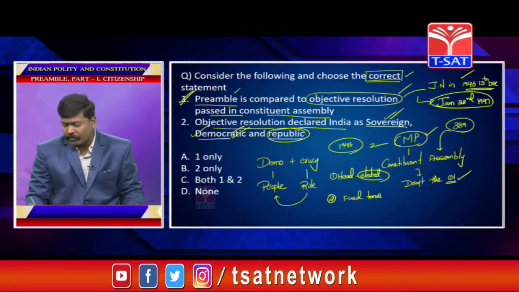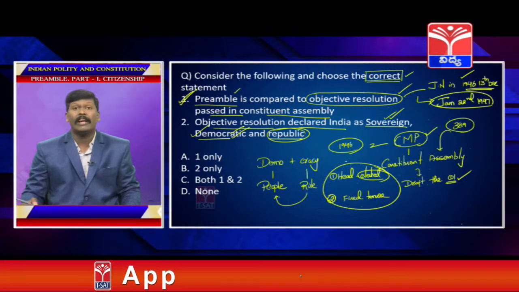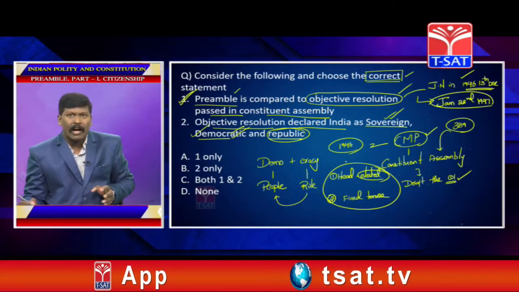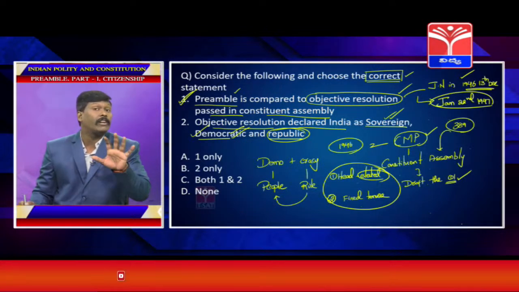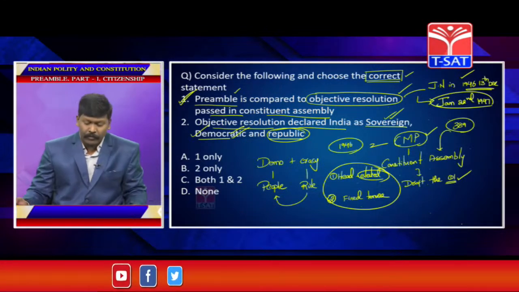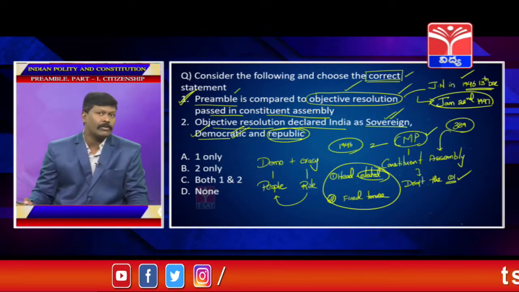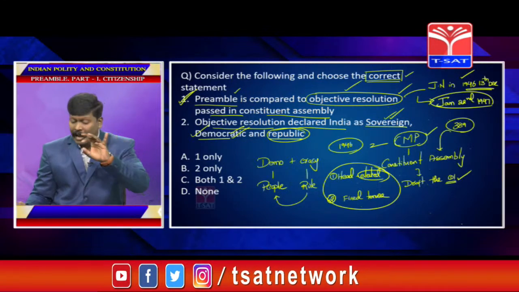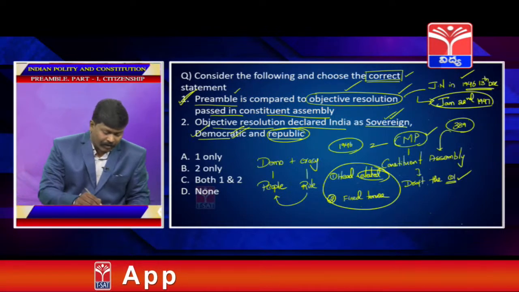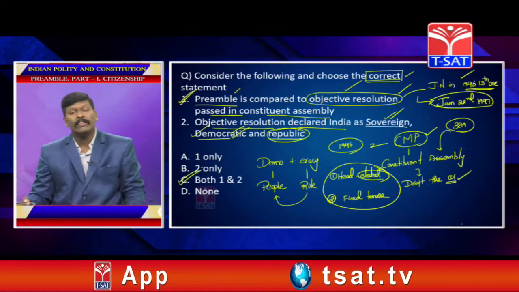The head of the country is the President of India, and the President of India has a fixed tenure of 5 years. That is the meaning. So, the objective resolution declared India as sovereign, democratic and also republic. The answer is C. The answer is C.